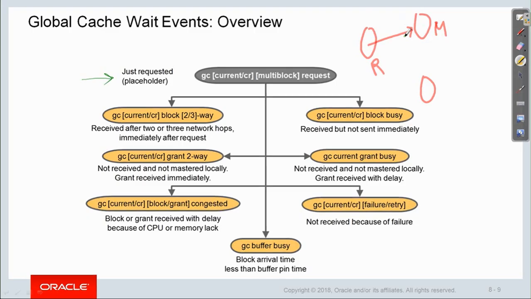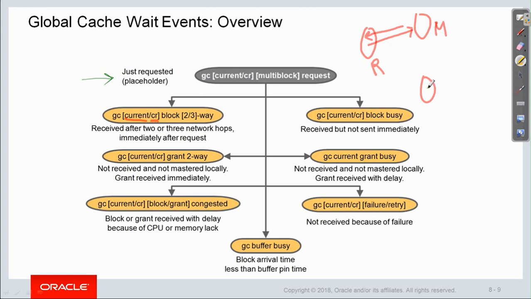If the block exists in the master instance, then we can receive this block directly. So we are able to receive the requested current block or consistent read block by working with two instances, the requesting and master instance.